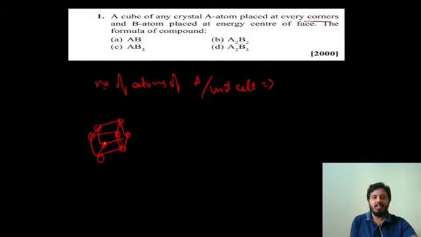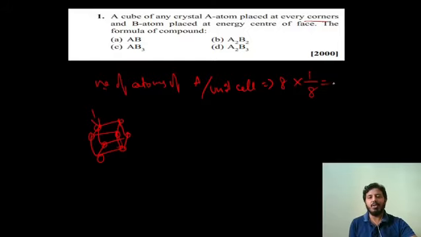The contribution of a corner particle is 1 by 8, which means a corner particle is equally shared by 8 unit cells. So the total number of atoms of A per unit cell is 8 into 1 by 8, which gives 1.